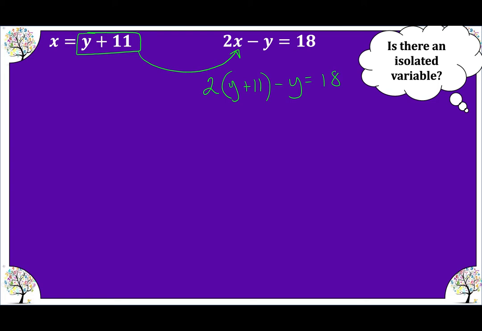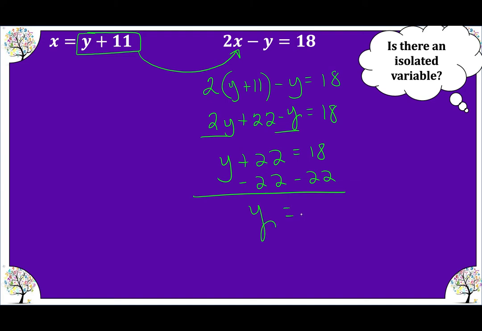So this time our y's are on one side, so I'm going to distribute and combine like terms and subtract out 22. And our y value is going to be negative 4. So I'm just going to take that and replace y with negative 4.